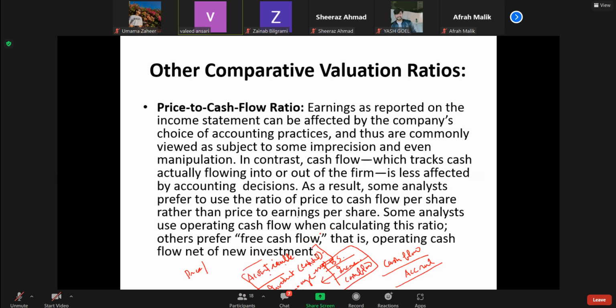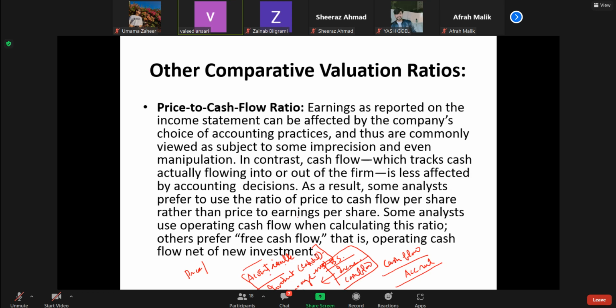It is also used as a valuation method. And let me tell you that the journey of valuation has moved from earnings to cash flow. In earlier times it was earnings, but cash flow tells us the true picture, because an accountant may manipulate the entries.